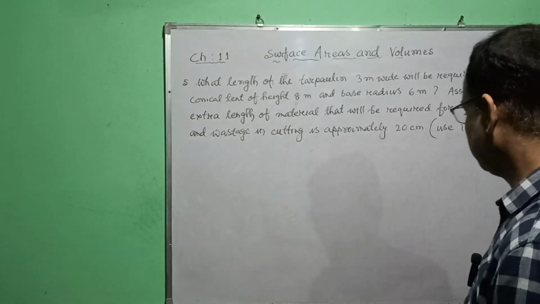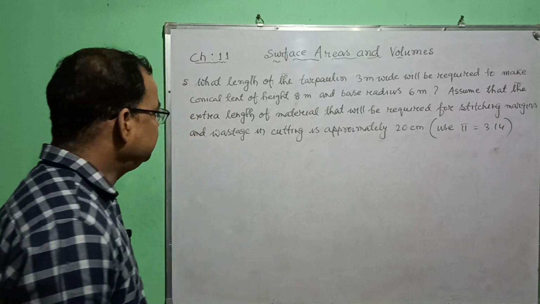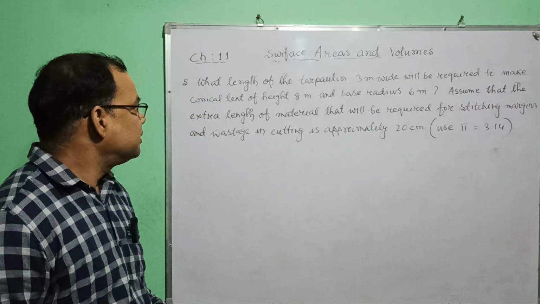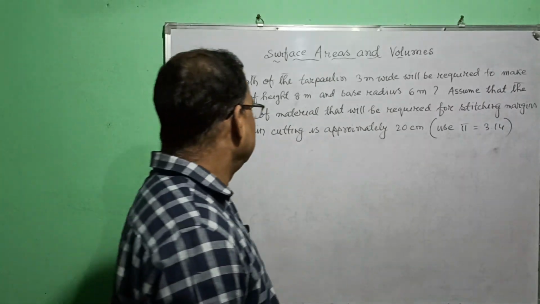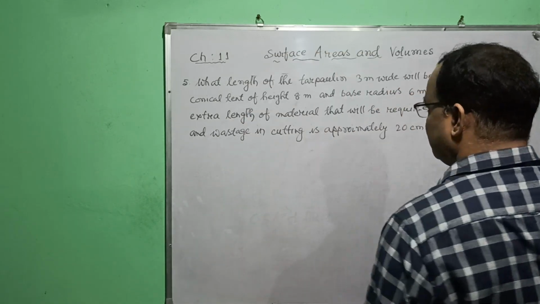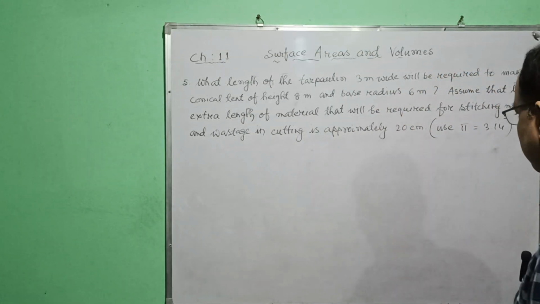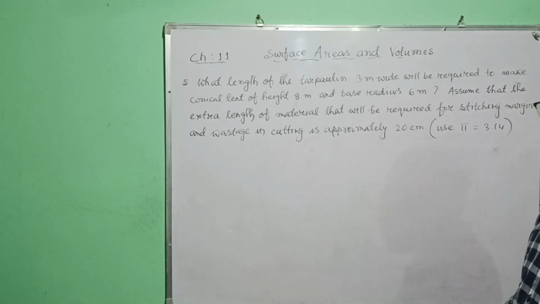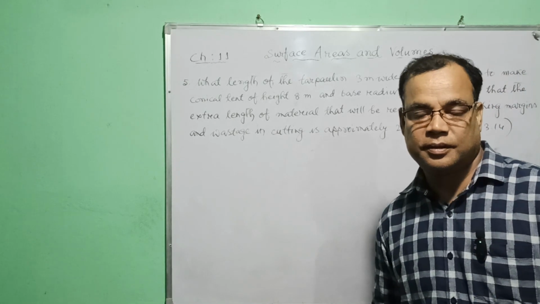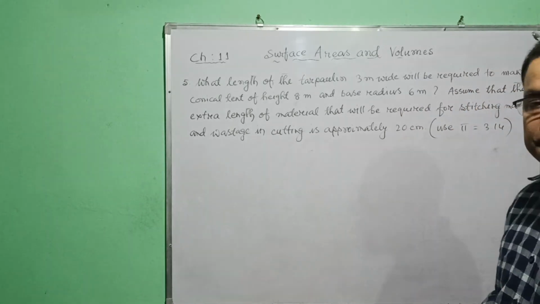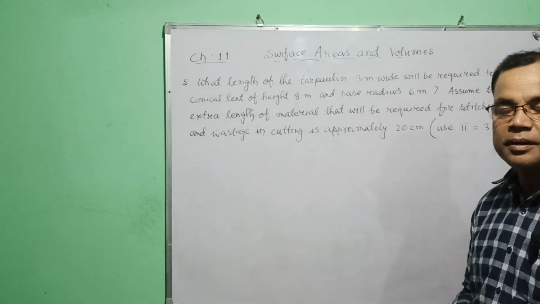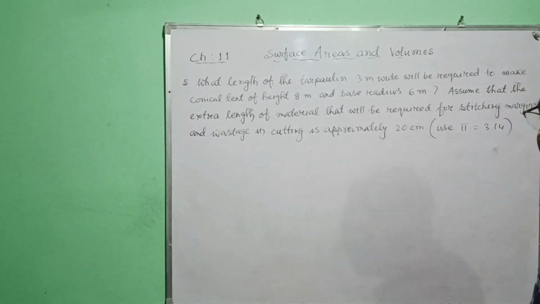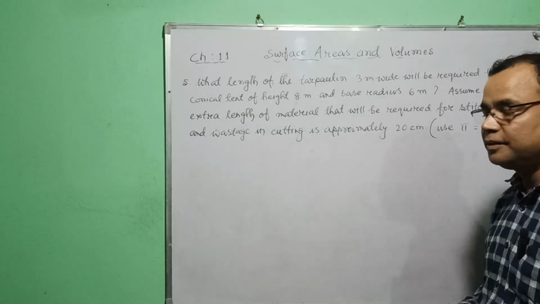We'll use pi as 3.14. As it is a conical tent, the base is not there, so we'll calculate only the curved surface area. So this is to be noted.